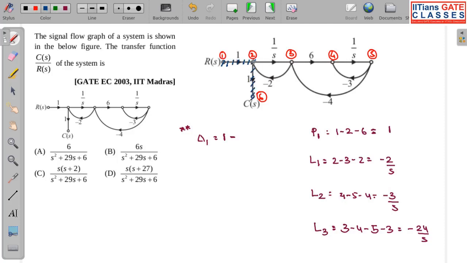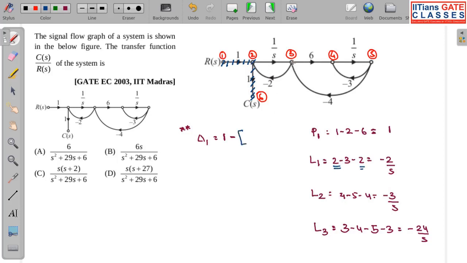If you remove this node, this 2, 3, 2 is no more a loop, because to be a loop you require this node 2, and it has been removed. So this is no more a loop.